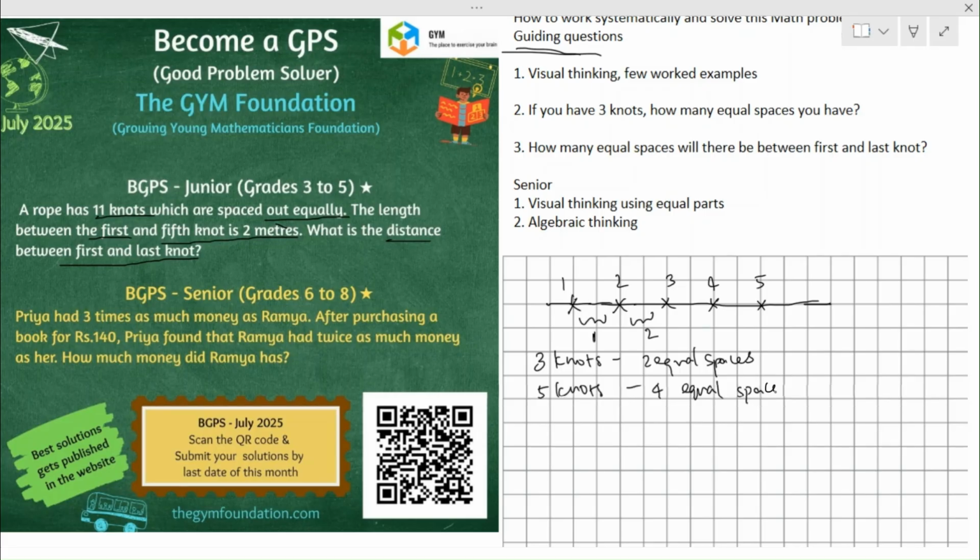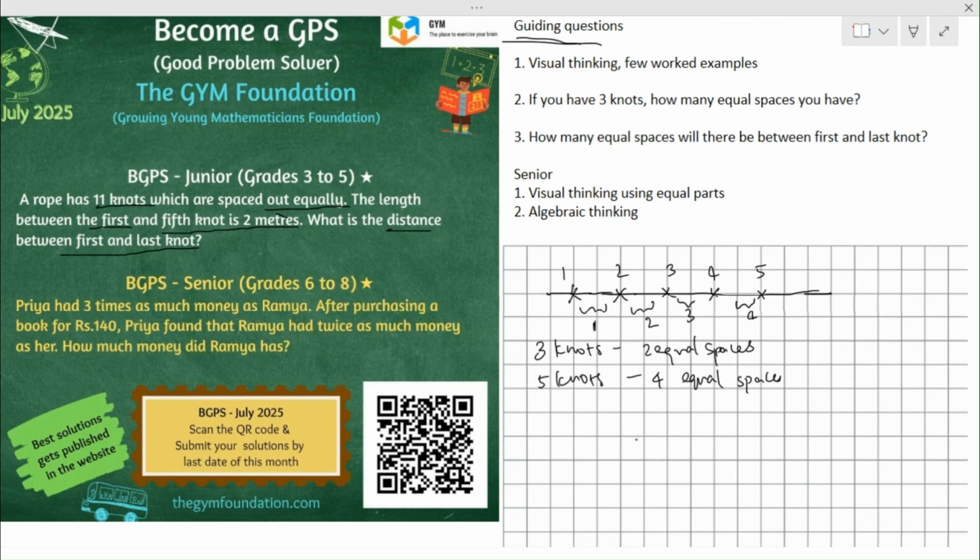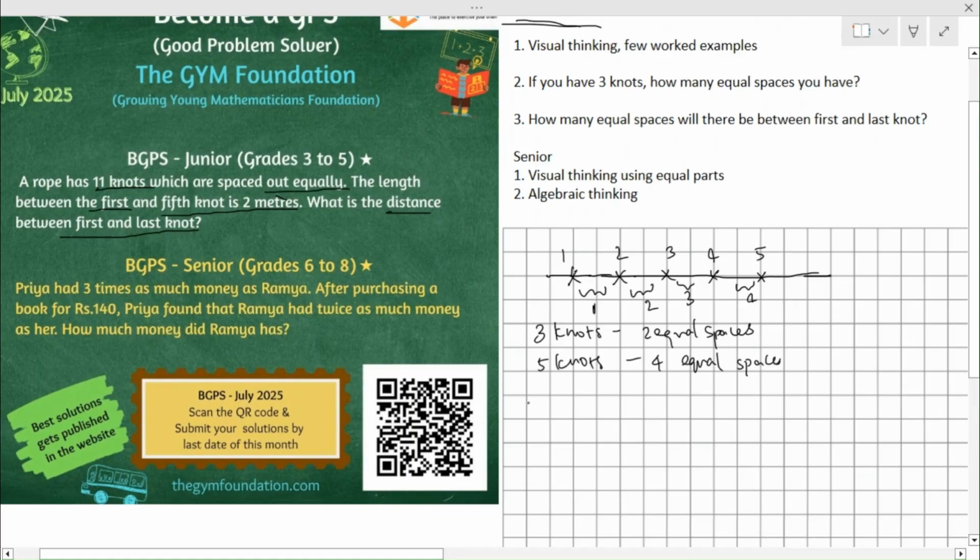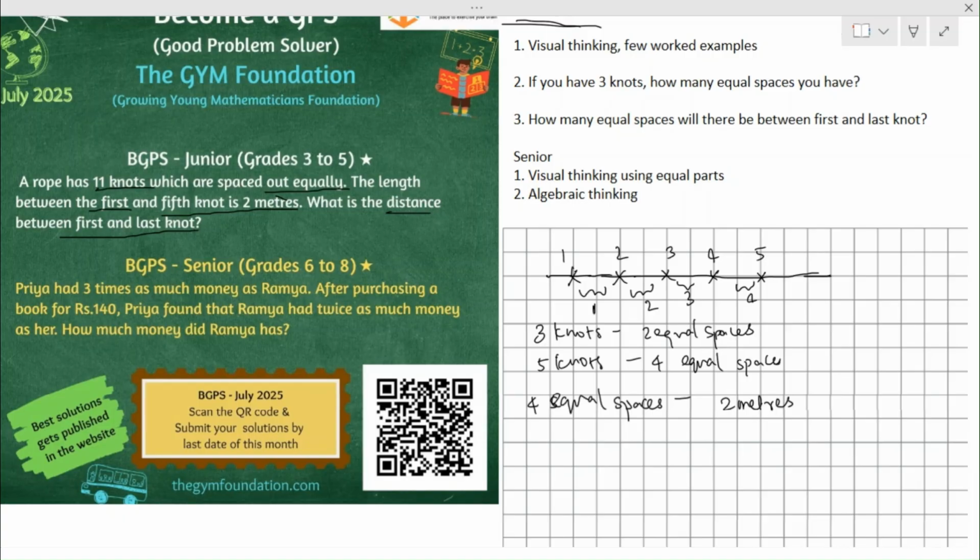So this is now getting clear that you have four equal spaces. Now it says for four equal spaces you have 2 meters. So you can then start telling that four equal spaces is having 2 meters.